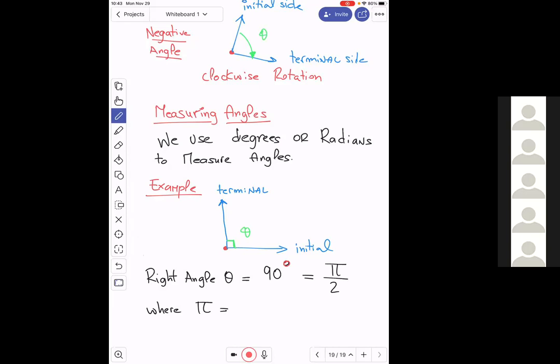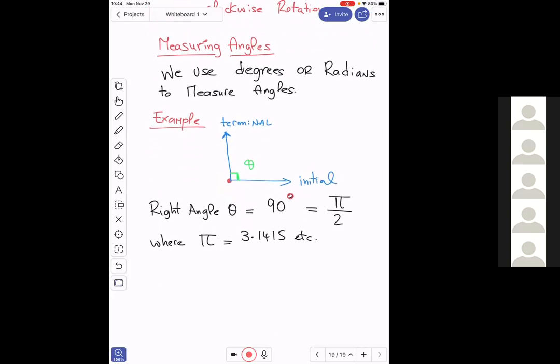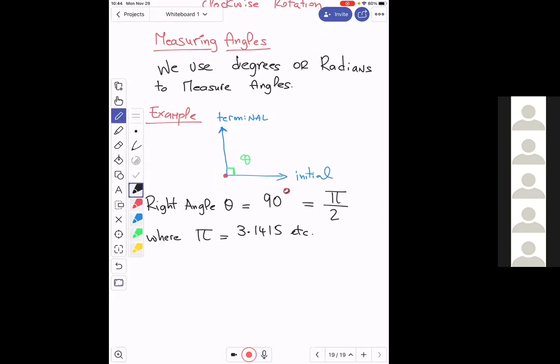Pi is approximately 3.1415, etc. But the idea is that 180 degrees is equal to pi.